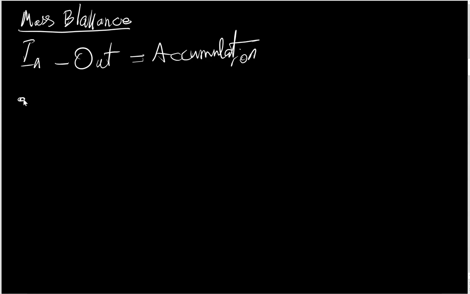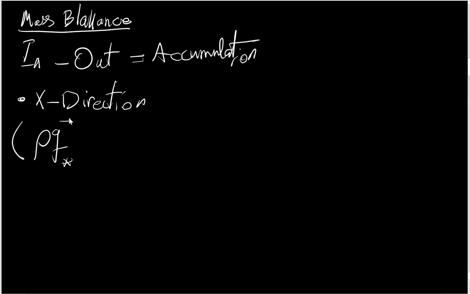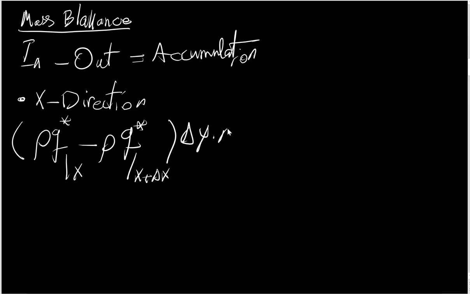In the x direction, I want to calculate this very quickly: rho times q star in the x direction minus q star at x plus delta x, times delta y delta t.